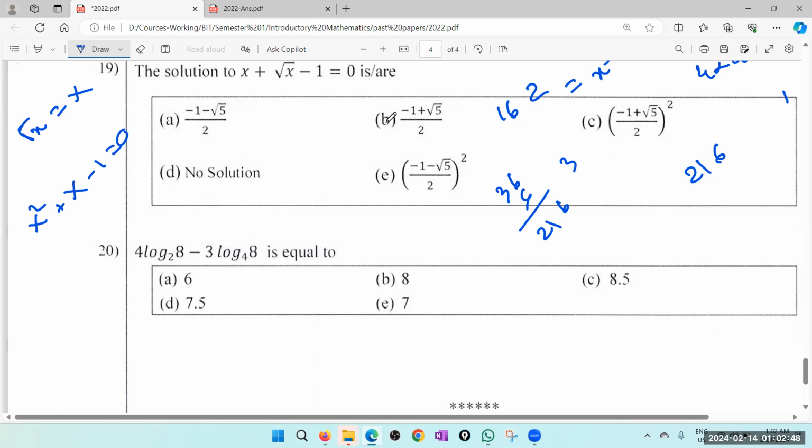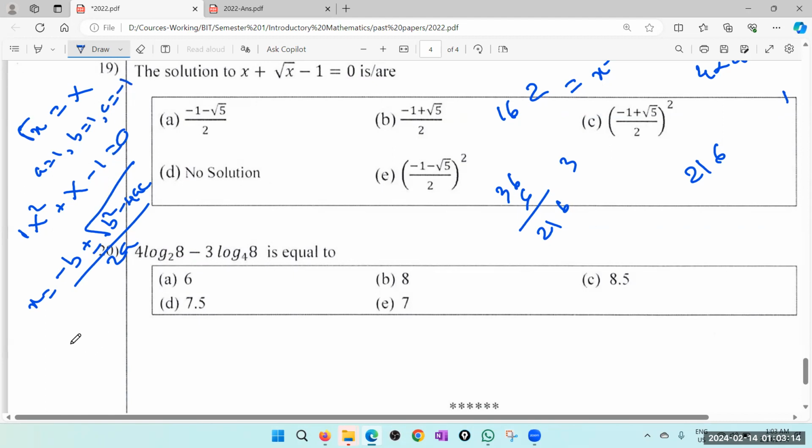By looking at the answers, you can clearly see that this must not have any simple root. So therefore, I will use the formula: X equals minus b plus or minus root of b squared minus 4ac, divided by 2a. My a is 1, b is 1, c is minus 1.